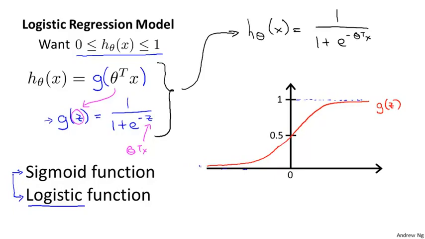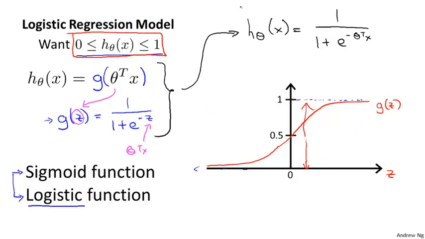As z, the horizontal axis, goes to minus infinity, g of z approaches 0. And as z goes to infinity, g of z approaches 1. And so because g of z outputs values that are between 0 and 1, we also have that h of x must be between 0 and 1.